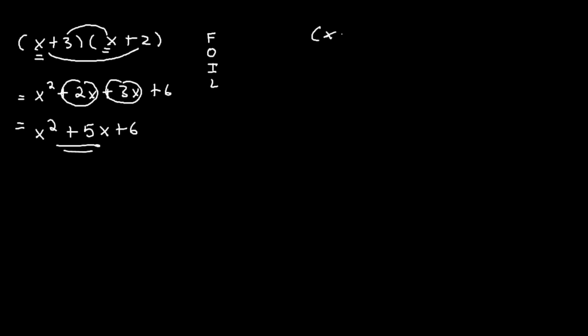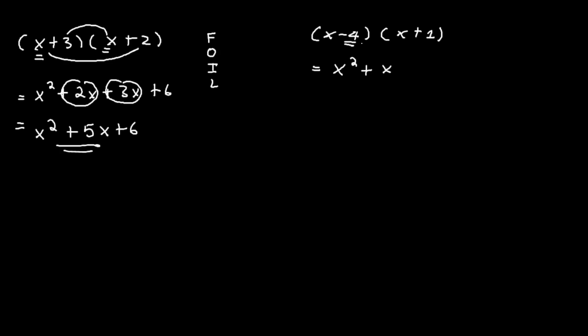Here's another example. So let's multiply x times x squared. Now multiply x times 1, which will be positive x.